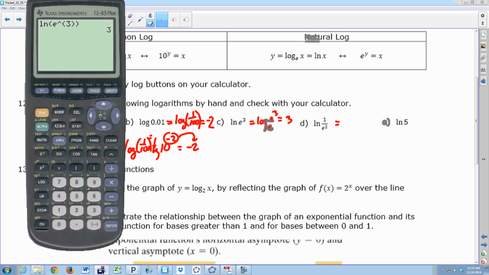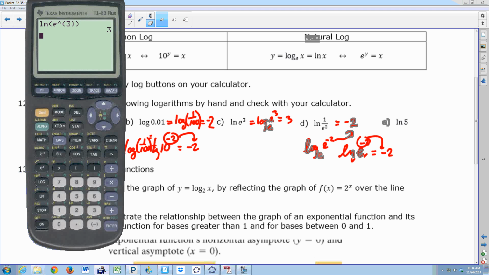It is -2. How'd you get that, Drew? Yep, and then you just lift off your exponent. Log base e is the same as natural log of e to the -2. These bases are the same. You just lift off your power, -2.